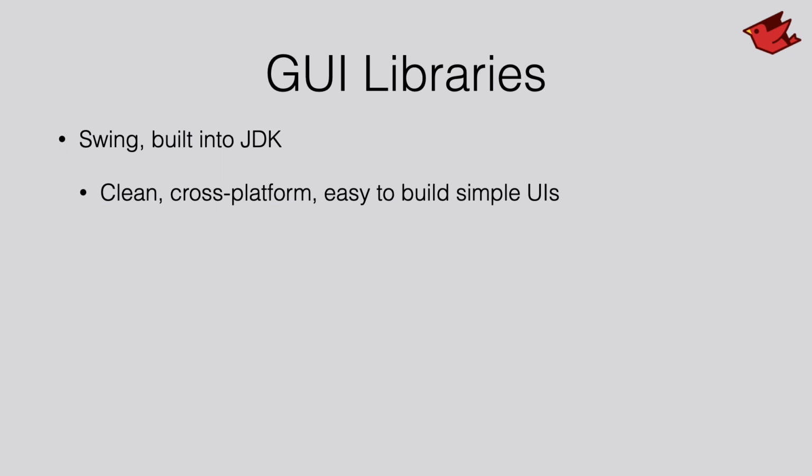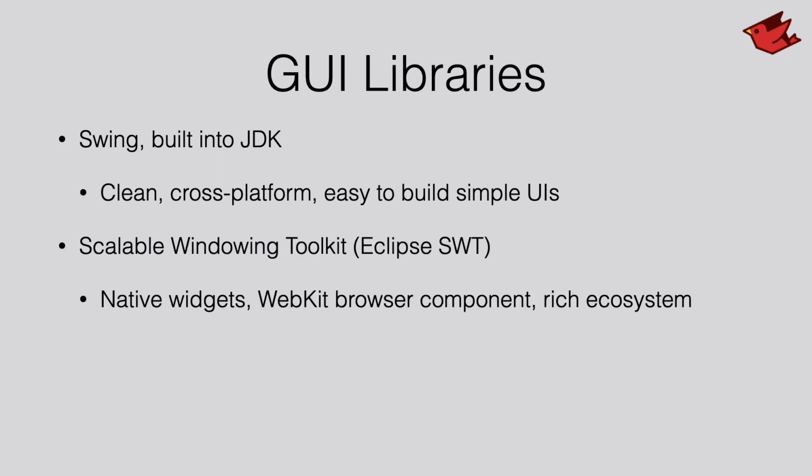from other frameworks. There's also another toolkit called the Standard Widget Toolkit. This is used by the Eclipse platform, Eclipse SWT. This actually wires in all of the native widgets. So on Windows, you're going to have buttons and fields and so on that look exactly like Windows. When you run on GTK, it's going to look like GTK widgets.